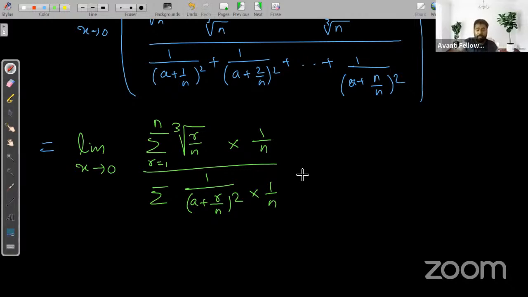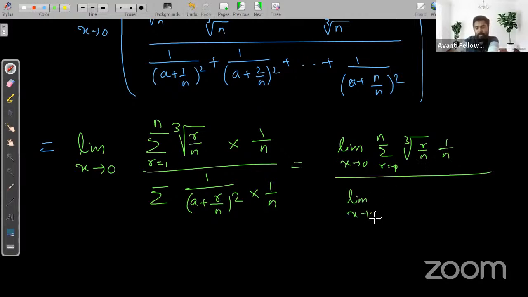If you multiply these things, what is happening here? We can write this as limit n extending to infinity, summation from r is equal to 1 to n of cube root of r by n into 1 by n, over limit summation r is equal to 0 to n of 1 by a plus r by n whole square into 1 by n.